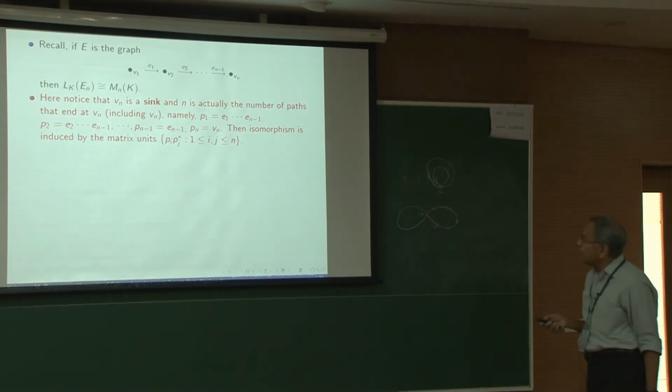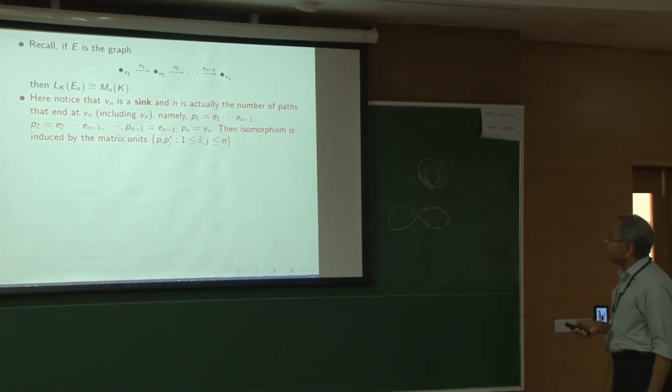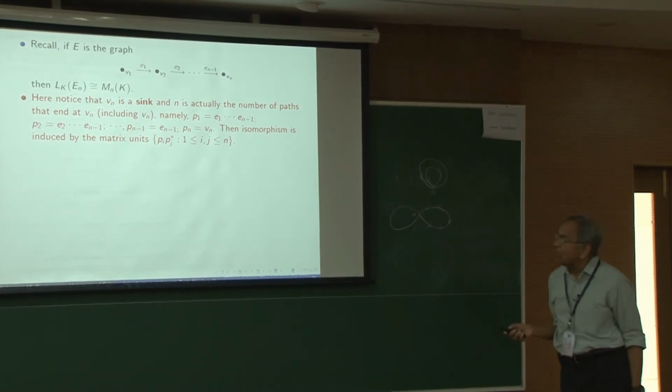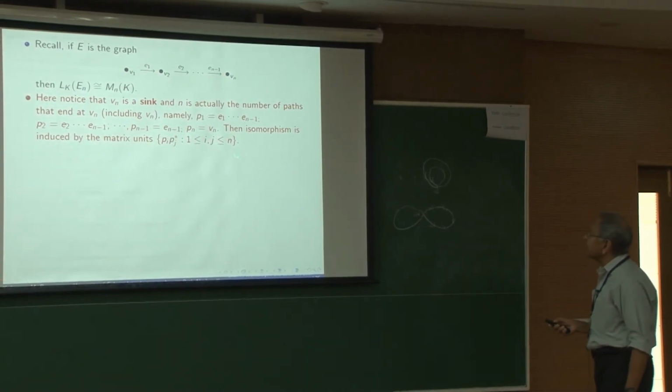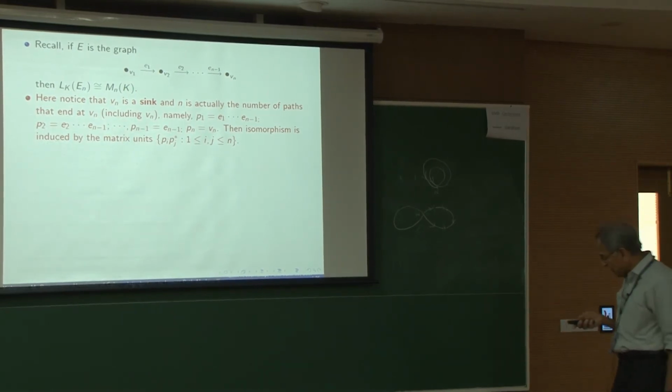And those are, as we noted earlier, p1 is the entire path, p2 starts from e2, and so on, p(n-1) is simply the last edge, and pn is vn. And then we noted that pi pj star form a set of matrix units, and that induces an isomorphism of the path algebra to the matrix algebra.